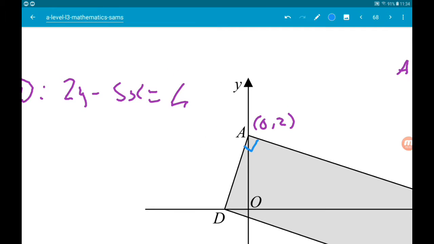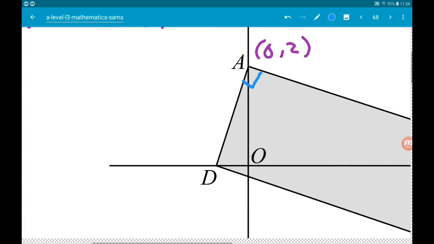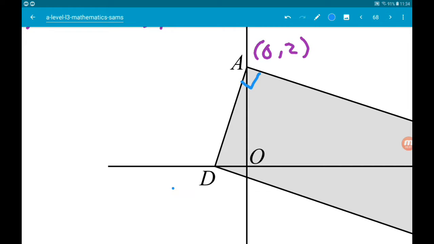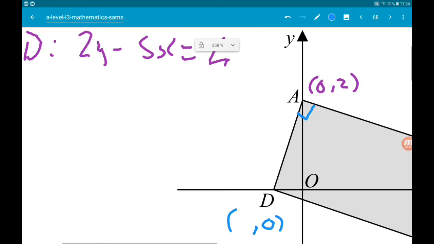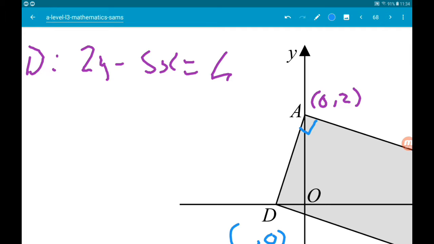Now for point D, we know down here y is equal to 0. Now when y is equal to 0, we get minus 5x is equal to 4.